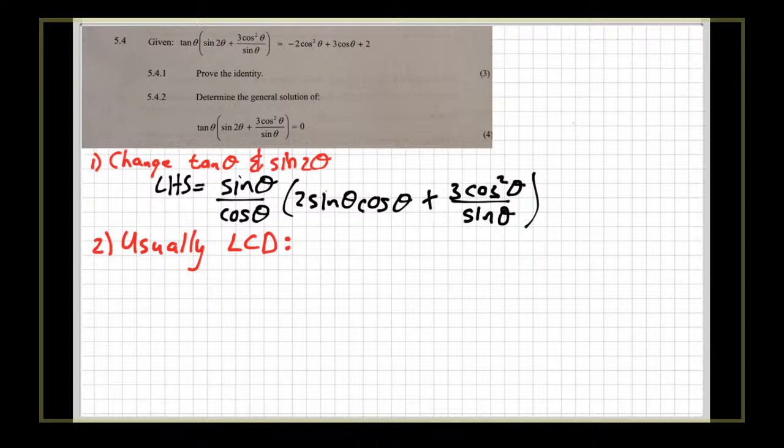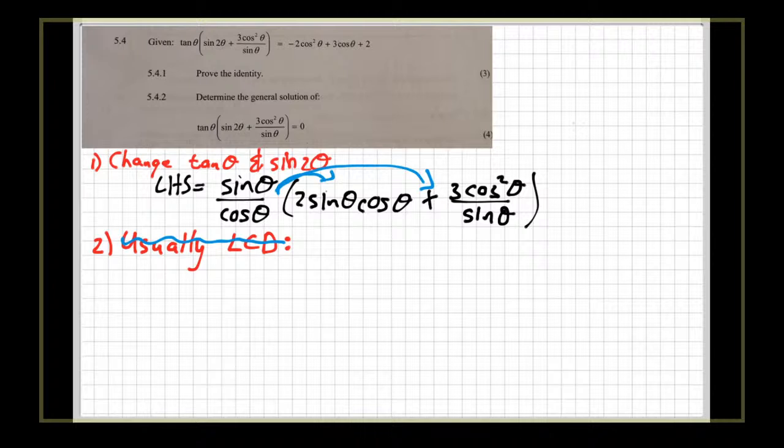I'm going to be sneaky, okay? I am actually not going to do this, which is my normal step 2. What I'm actually going to do is multiply the sine theta over cos theta into the brackets.